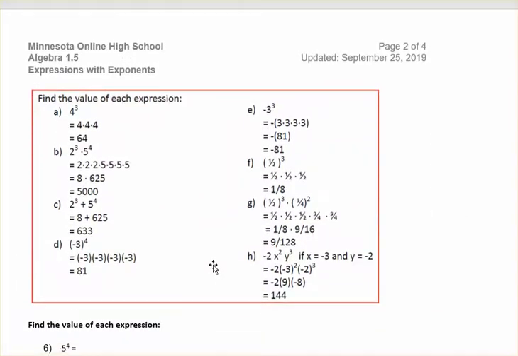Now on the next section it says find the value of. Another word for this would be evaluate. Evaluate means go ahead and find what it would be if you use your calculator or your math skills. So the first example here, again in the red box, are examples. 4 to the 3rd power means, this is called expanded form.